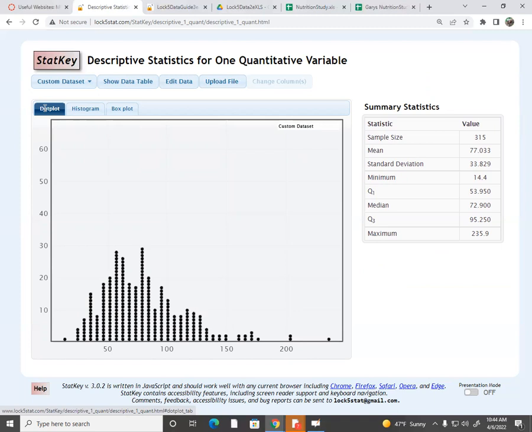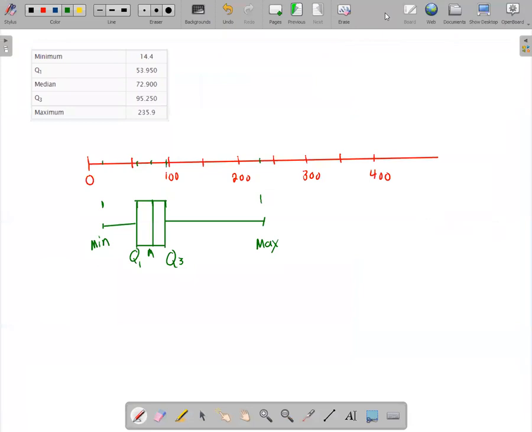So here's how we do outliers with a box plot. To identify outliers, what we do is we try to figure out how wide the box is.